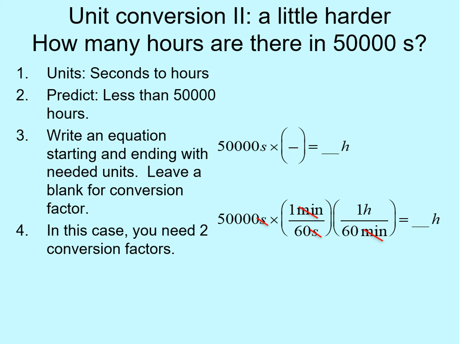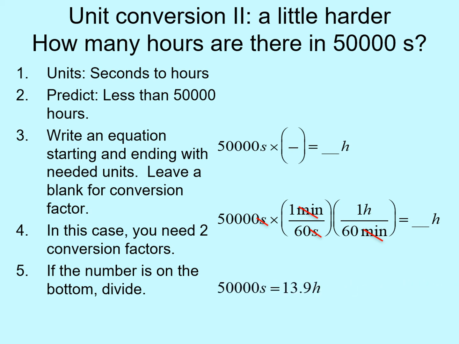I've been doing this for decades, and I still catch myself making this mistake. Notice that to get this one right, we end up with our factors of 60 seconds and 60 minutes in the denominator, which means that on our calculator, we must press 50,000 divided by 60 divided by 60 again.